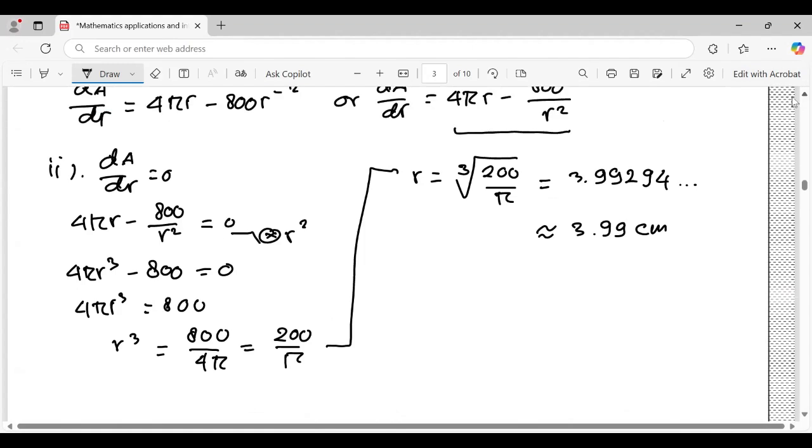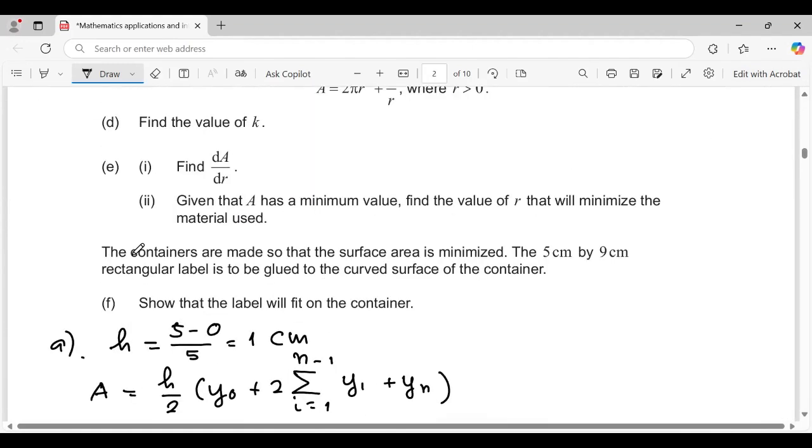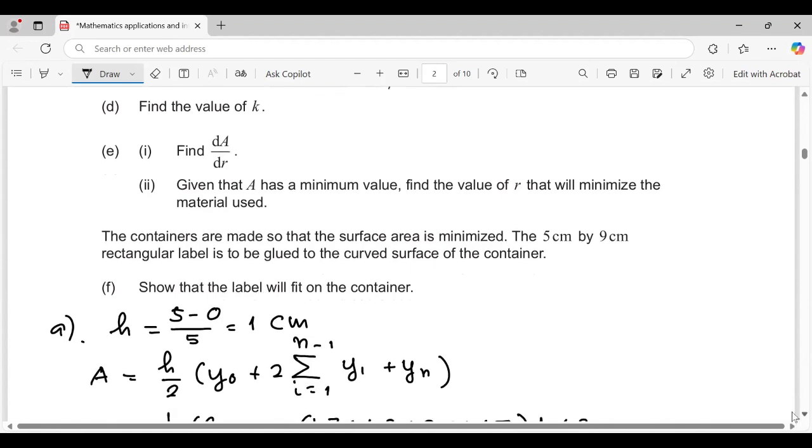Next question, F. The containers are made so that the surface area is minimized. The 5 centimeters by 9 centimeters rectangular label is to be glued to the curved surface of the container. Show that the label will fit on the container.